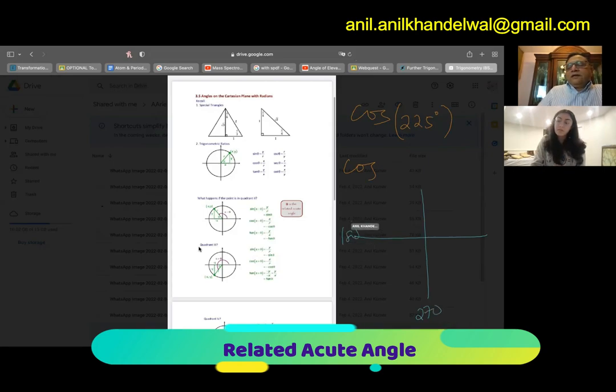So we are definitely in quadrant 3, right? Oh, okay, yeah, that makes sense. So in quadrant 3, cos means a negative value, put negative there. Now you have to see how much you added to 180 to come to this point. That is my related acute angle. The related acute angle is the angle which the terminal arm makes with the horizontal x-axis.